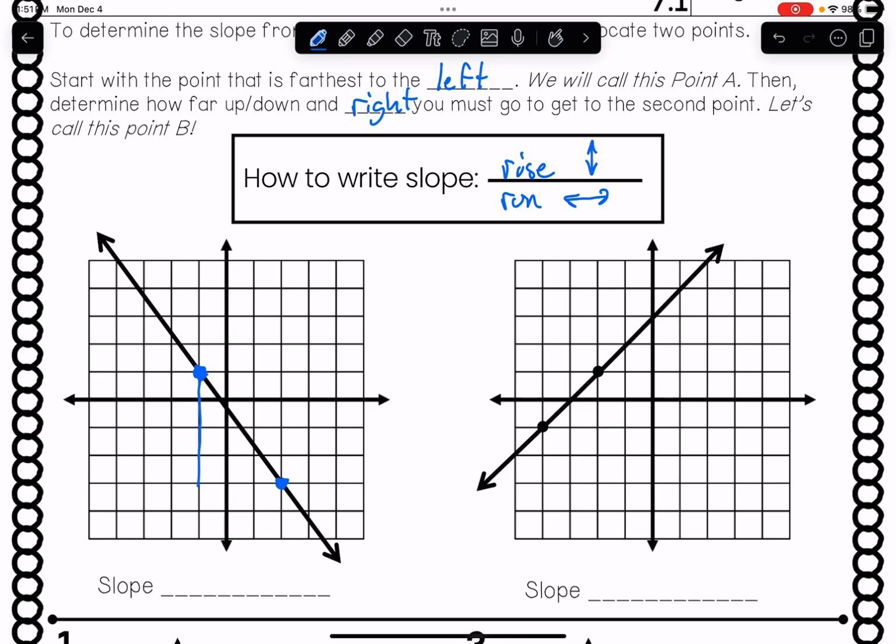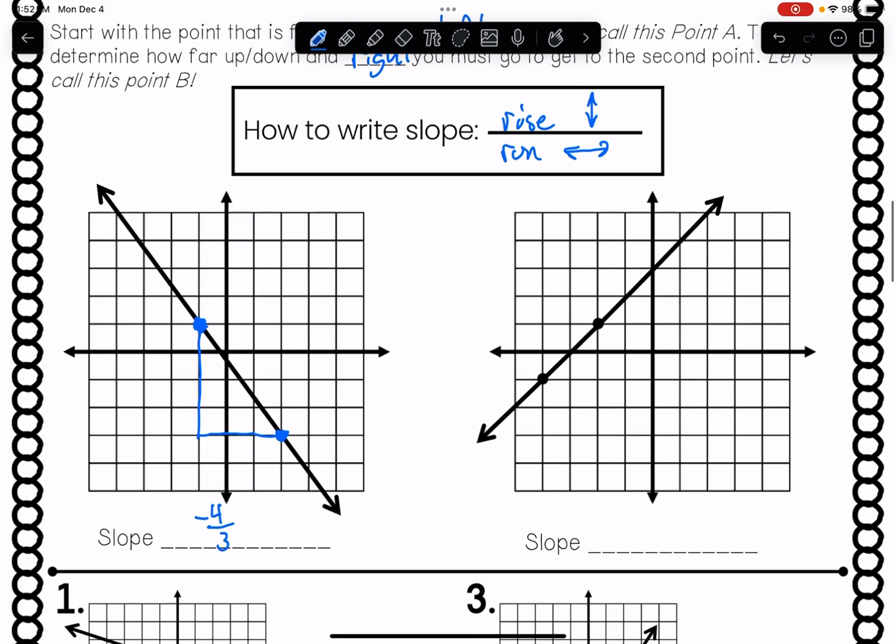So that drop will mean that is a negative 4 here. And then divided by our run, which goes on the bottom number, our denominator. So we've got 1, 2, 3. So our slope here is negative 4/3. We always want to reduce our fractions if we can, but this guy is non-reducible. So we're going to move on to the next one.